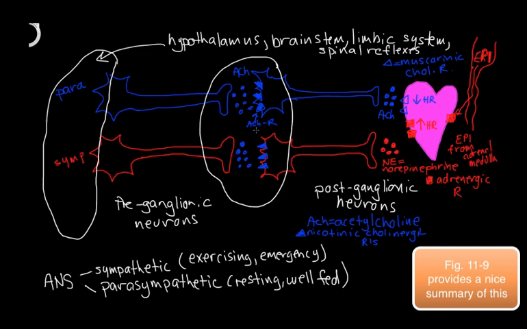So actually I need to put an arrow there for the receptor. The membrane that releases neurotransmitters is called the presynaptic membrane because it comes before the synapse.